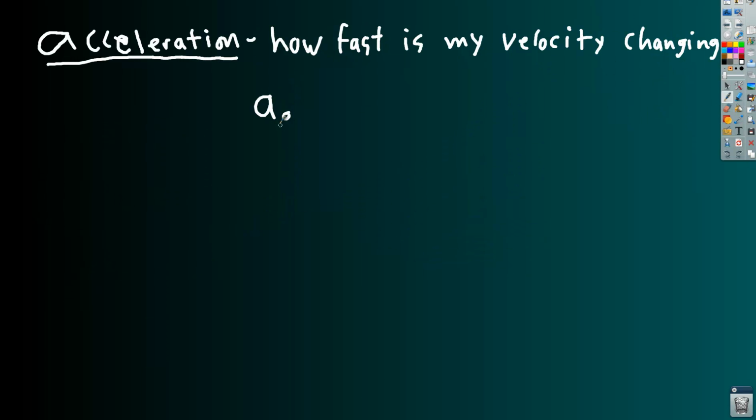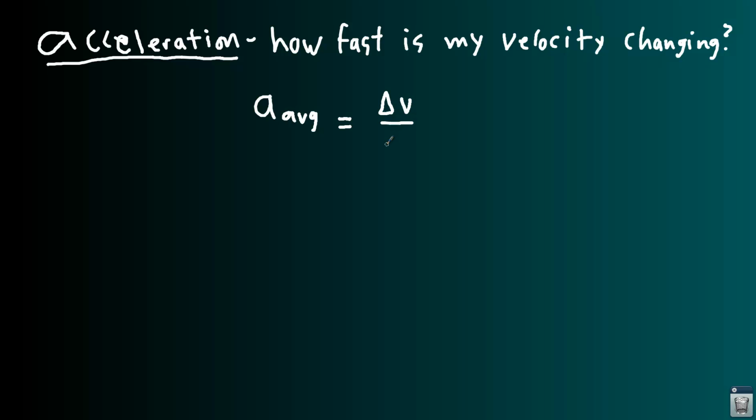We can do an average acceleration and an instantaneous acceleration. Average acceleration is going to be change in velocity divided by the change in time.